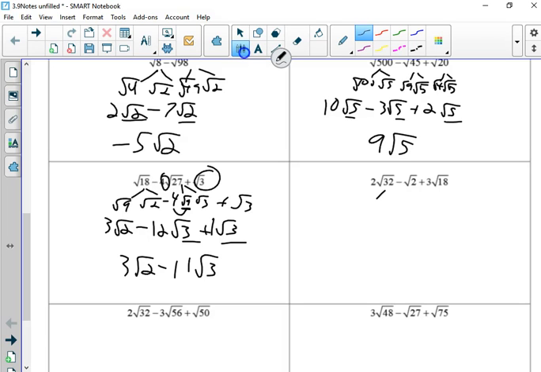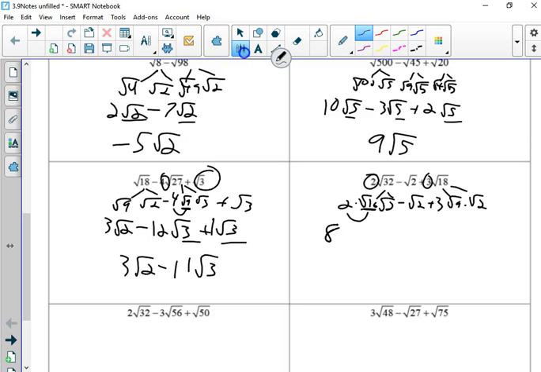Okay, 32 breaks down to 16 and 2. But don't forget about this out here. This is just radical 2. Don't forget about this. Plus 3 times radical 9 times radical 2. Bring that 3 down. So, radical 16 is 4.